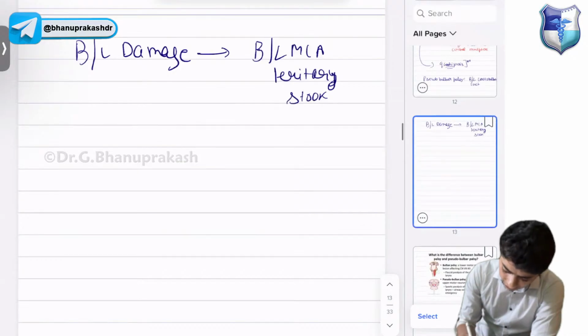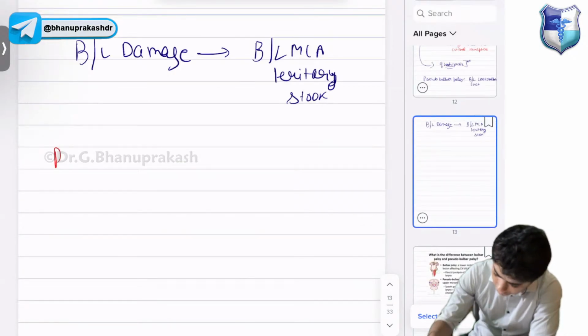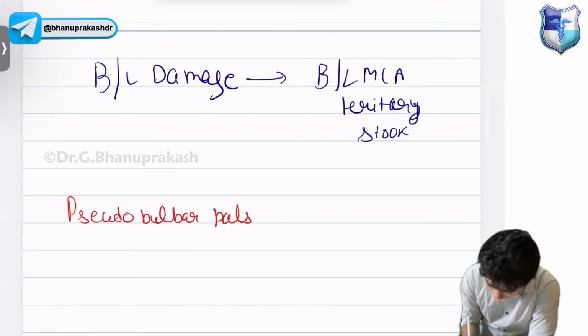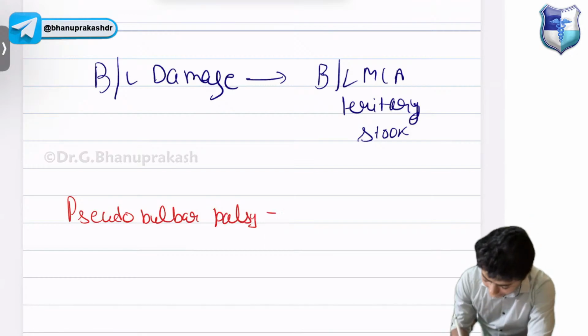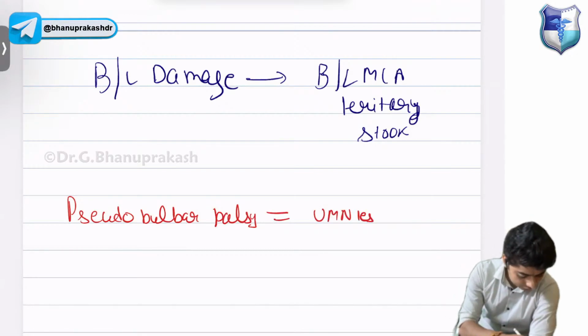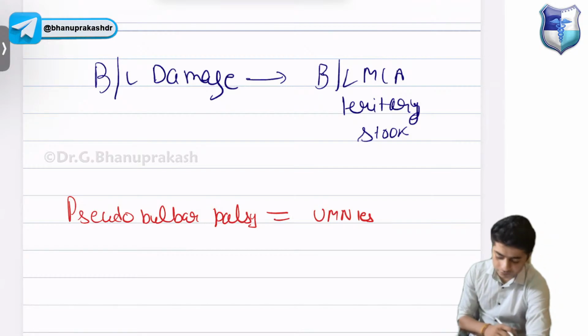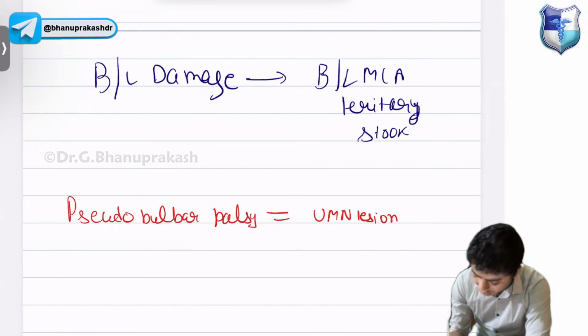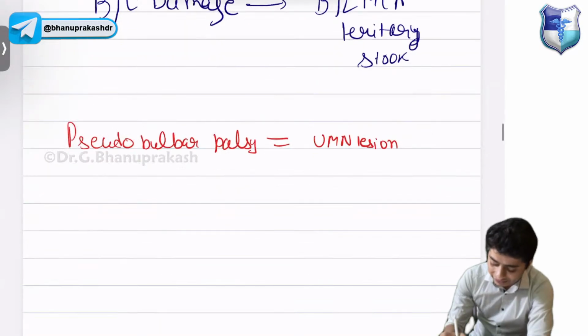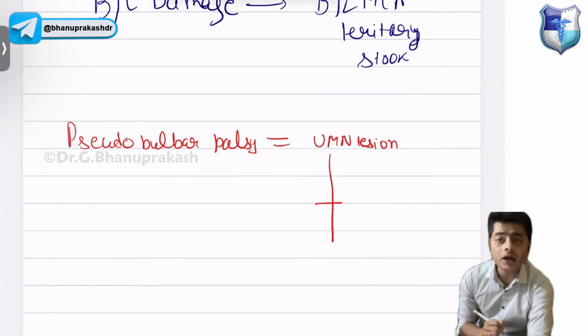Now, if there is pseudobulbar palsy, what does it mean? It means UMN lesion. And what are the characteristics of UMN lesion?